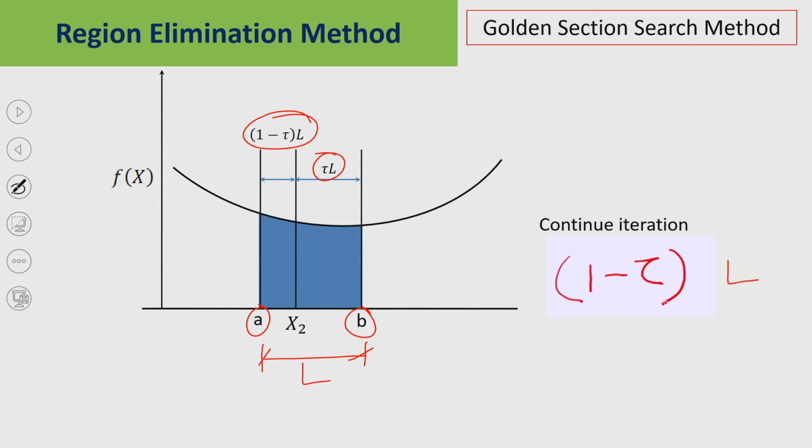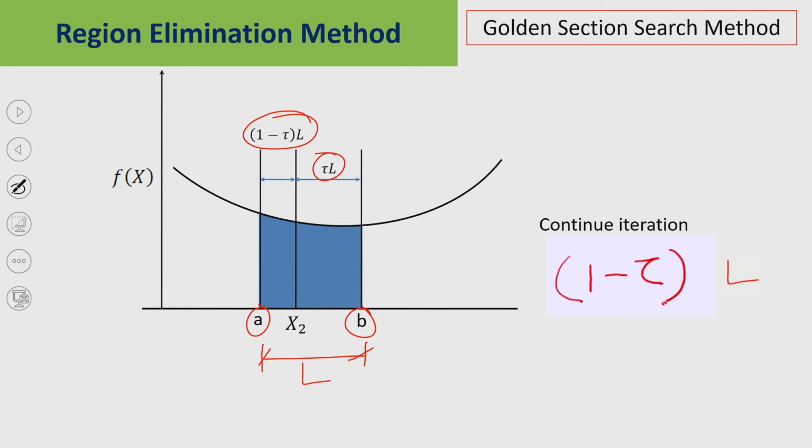Now, look at the interval halving method. In the first iteration you are doing 3 function evaluations, at x 1, x 2 and x m, and from the second iteration onward we are doing 2 function evaluations. And how much region am I eliminating?